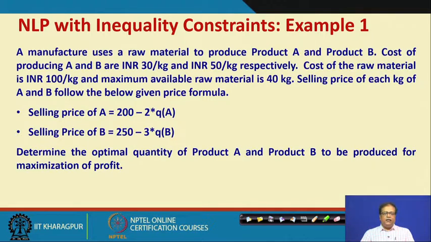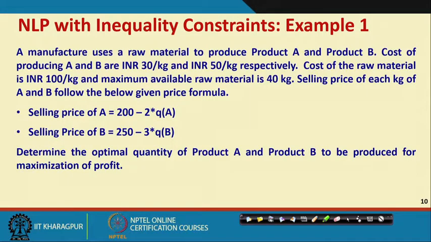This looks like a simple optimization problem, but there is a catch. The selling price is not linear. I mean it is linear now, but when you convert it to the objective function, it will become non-linear, right.